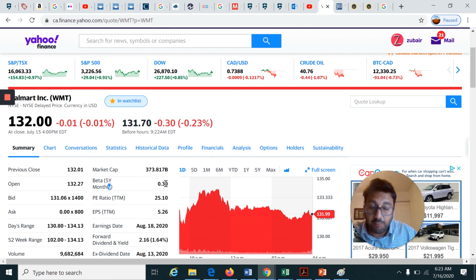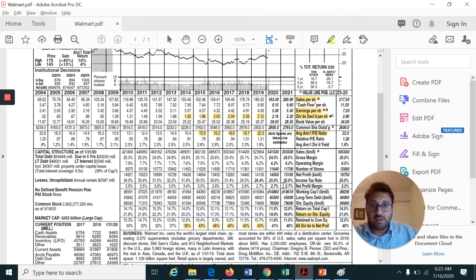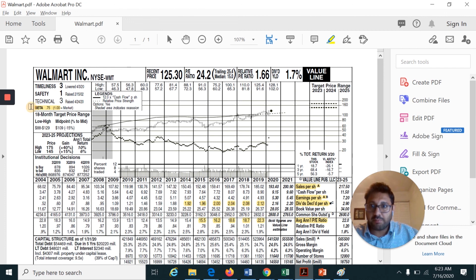Now, if we go to the Value Line investment reports for Walmart and open it up, the beta over here is 0.75, right? They definitely have used different data. They might have used daily returns for the last 3 years or the last 1 year. So the beta is 0.75.